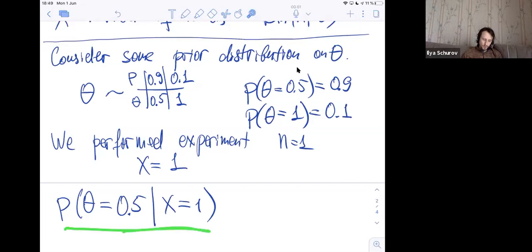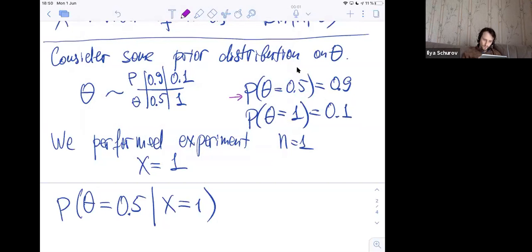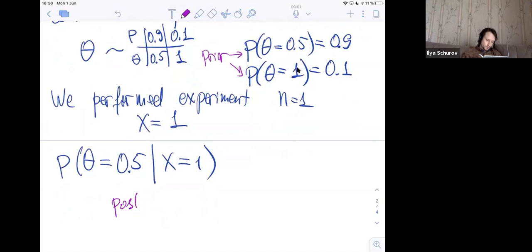Actually, what is the difference between this probability and this probability? This is a prior probability. This we believe in this estimate before we seen any data, and this is our posterior probability. So this is called prior. And this thing is posterior. Because in this case, we assume that we seen the data and the data is this one.